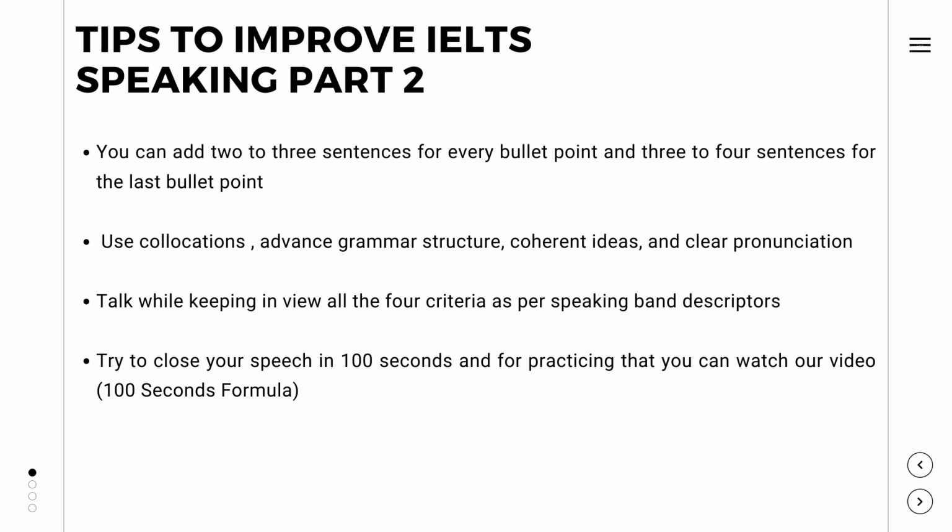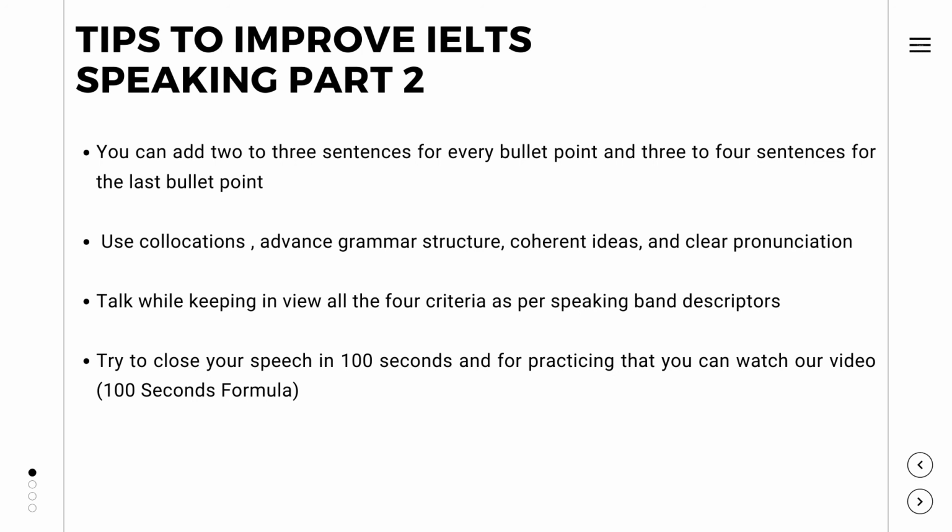So you have to look up at least 4 to 5 high level vocabulary words, and you have to remember these words in order to perform for band 7 or above in your IELTS speaking.